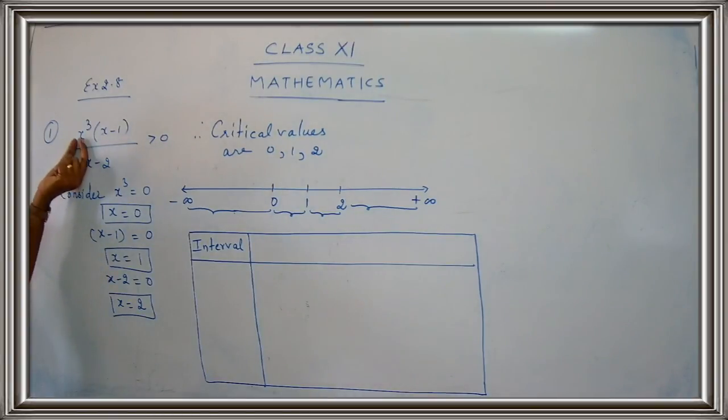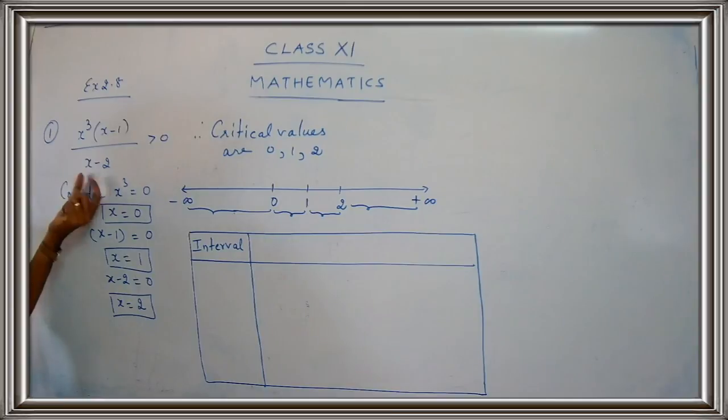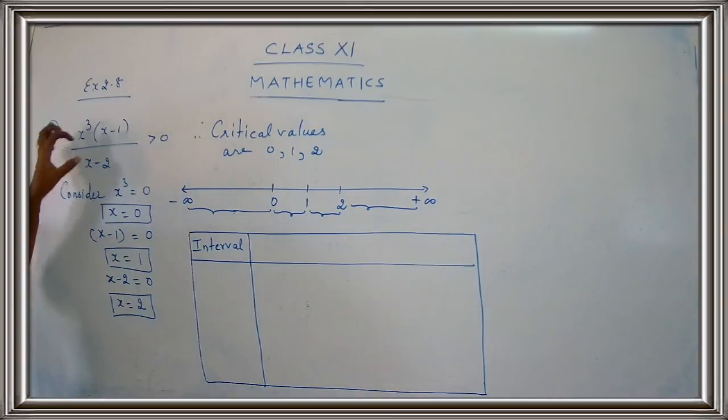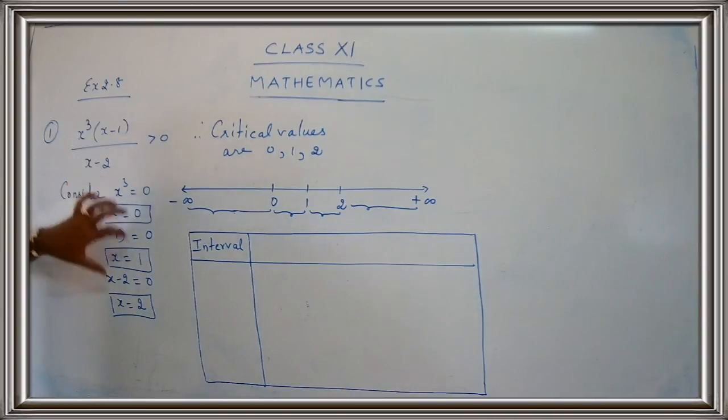factors, like you have x cube, x minus 1, x minus 2. So you are going to take the 3 differently. First you take x cube, then x minus 1, then x minus 2.